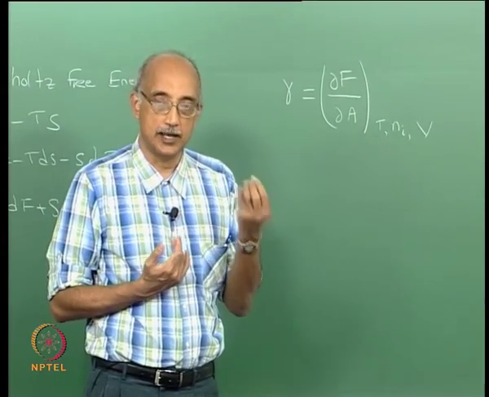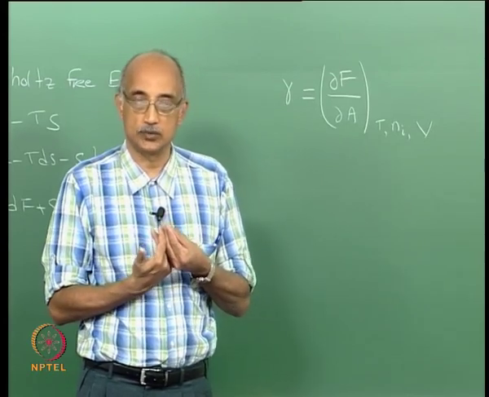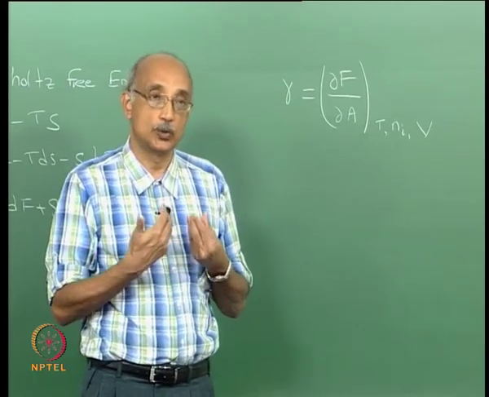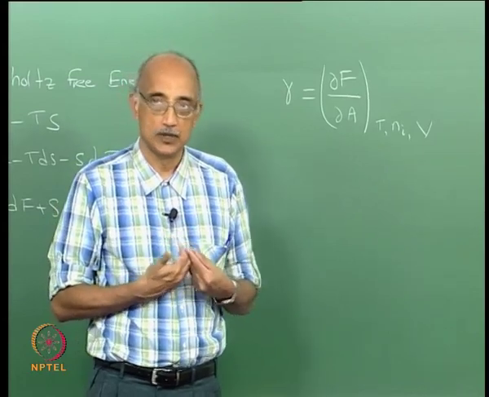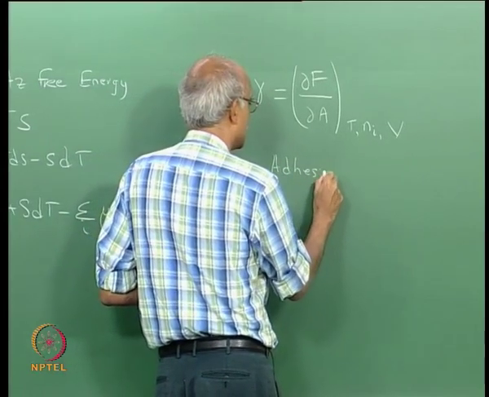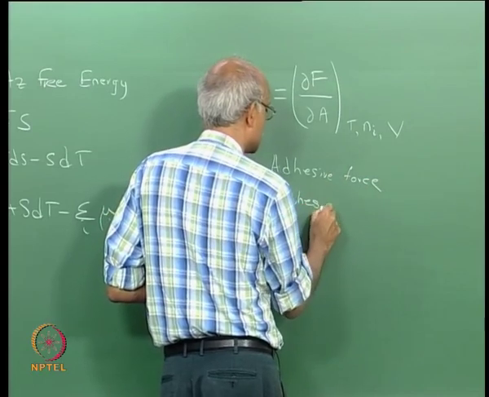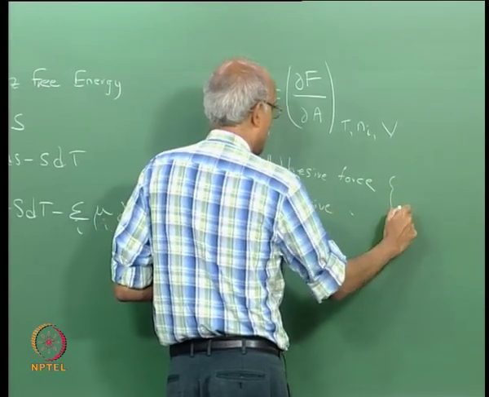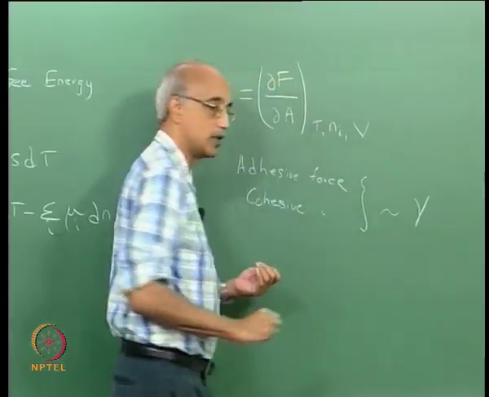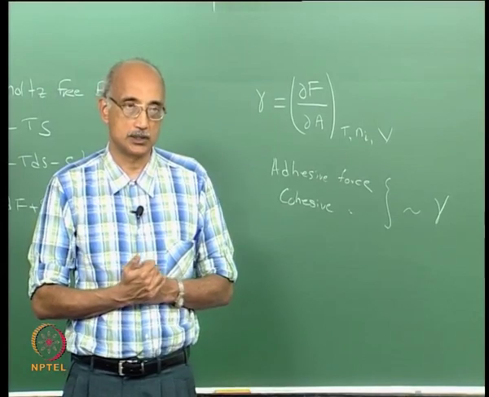Similarly, if you take a high gamma particle and you bring another similar particle close to it, again the interparticle cohesive force is going to be very high. So forces such as adhesive force, cohesive force actually scale as gamma. As gamma values increase, these forces of interparticle interaction as well as particle to surface interaction will increase.